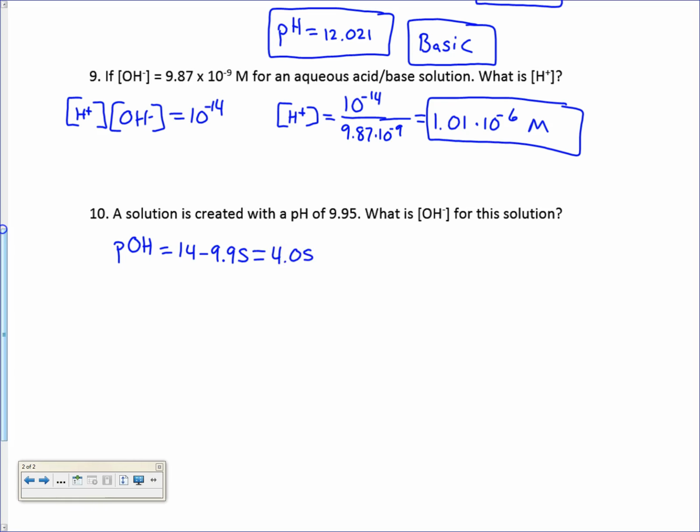And then if you plug this in, you get the concentration of OH minus equals 10 to the negative 4.05, which is 8.9 times 10 to the negative 5th molar.